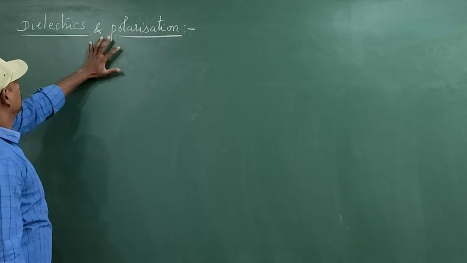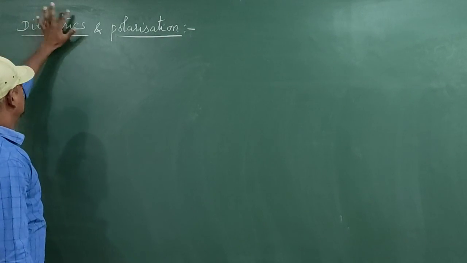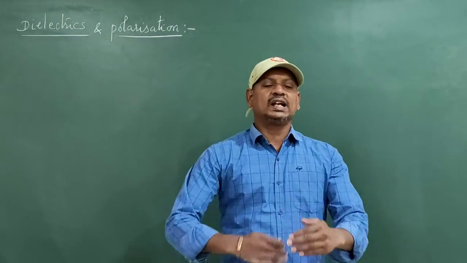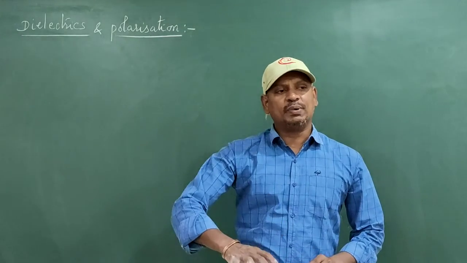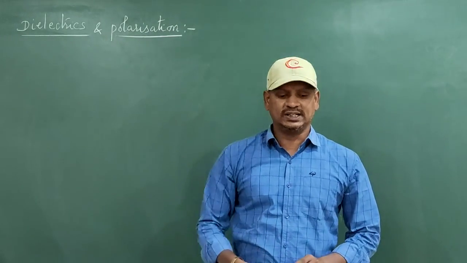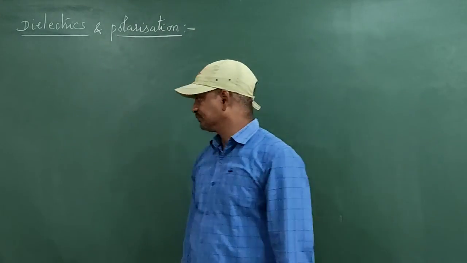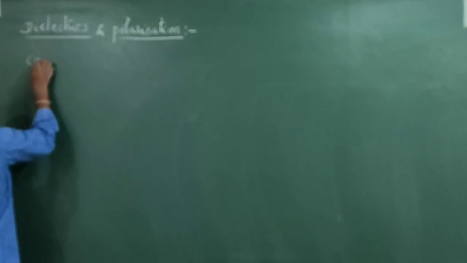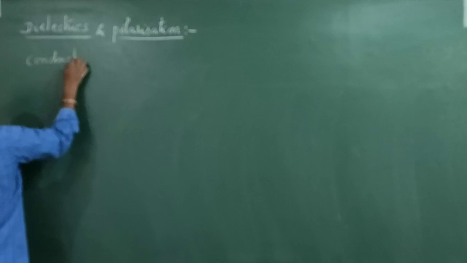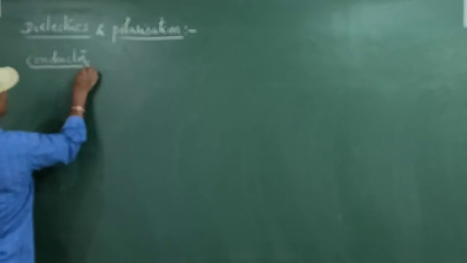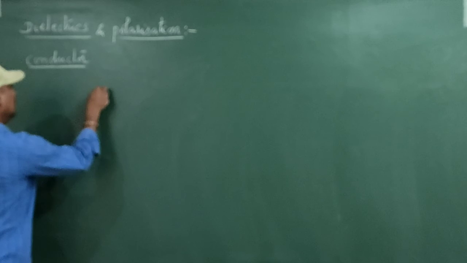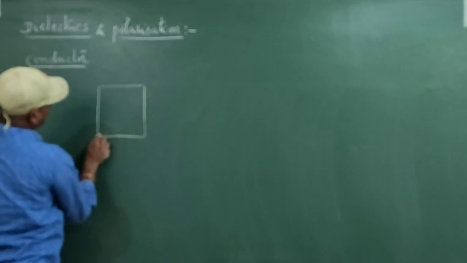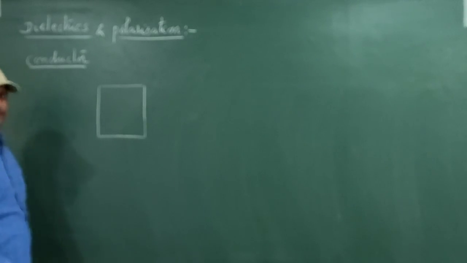Now before going to this topic, let us discuss dielectrics, and before going to dielectrics, let us discuss the behavior of a conductor inside an electric field, right? For example, let's say we have a neutral conductor.